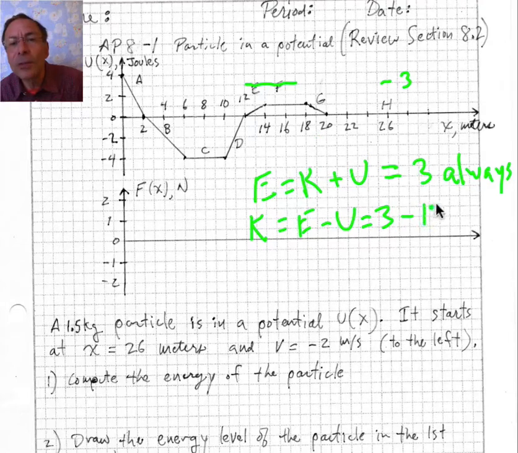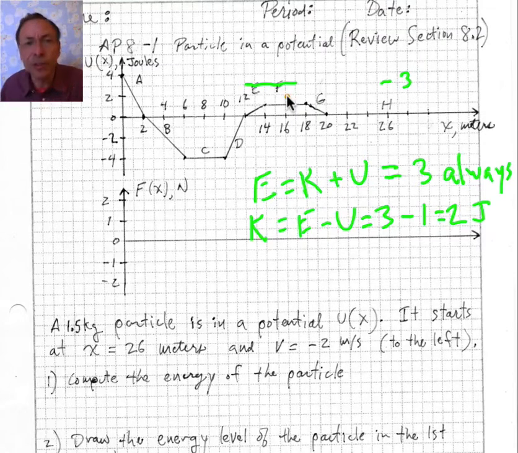So it's going to be 3 minus 1 equals 2 joules. So the kinetic energy, let's use a different color, is graphically this much. And the potential energy is this much. So this much potential energy plus this much kinetic energy adds up to the 3 joules.